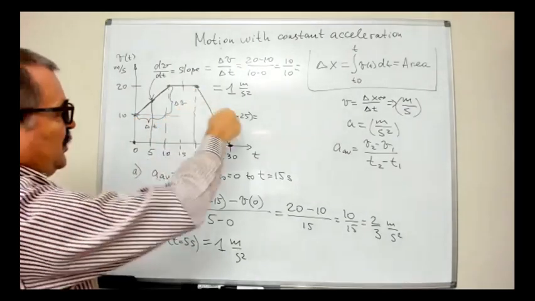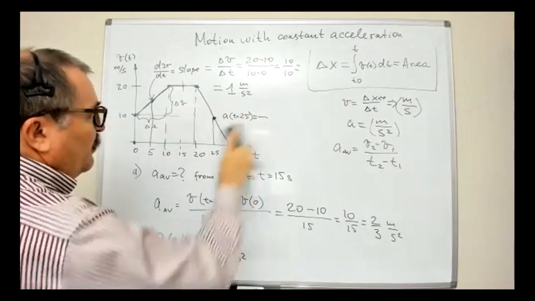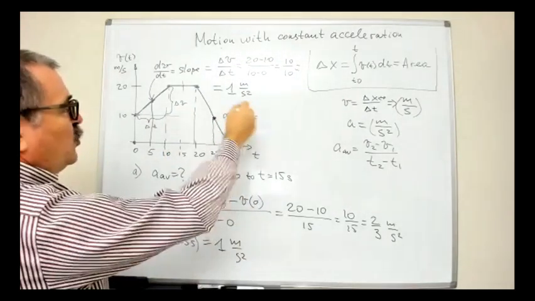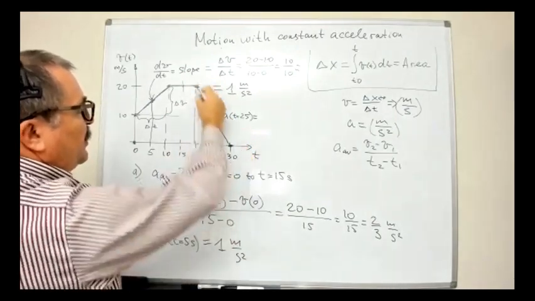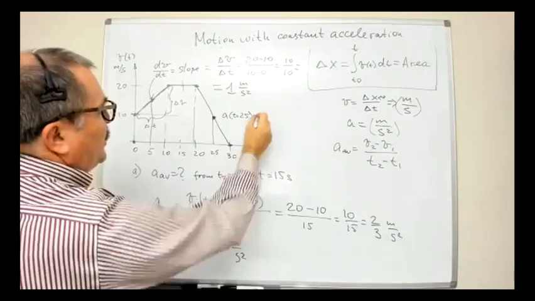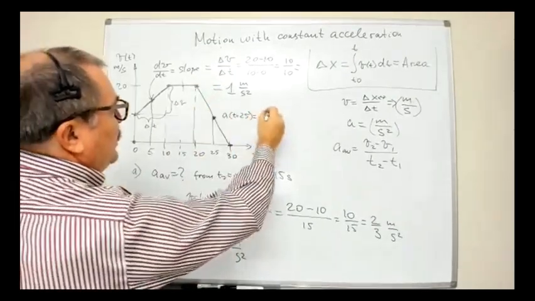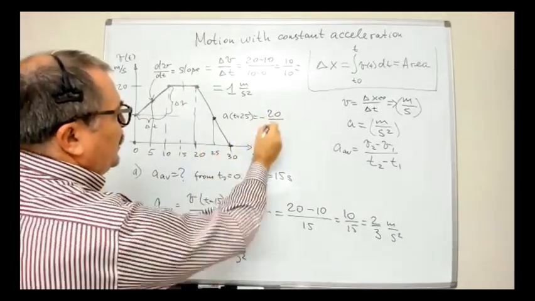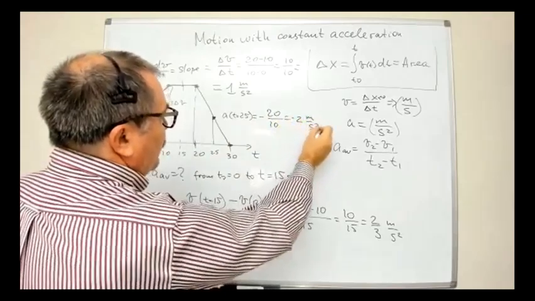But the answer can be found from this formula for the motion with the constant acceleration. Let's find the slope here. The slope is minus, well, that value is 20 divided by this time interval, 10, so minus 2 meters per second squared.